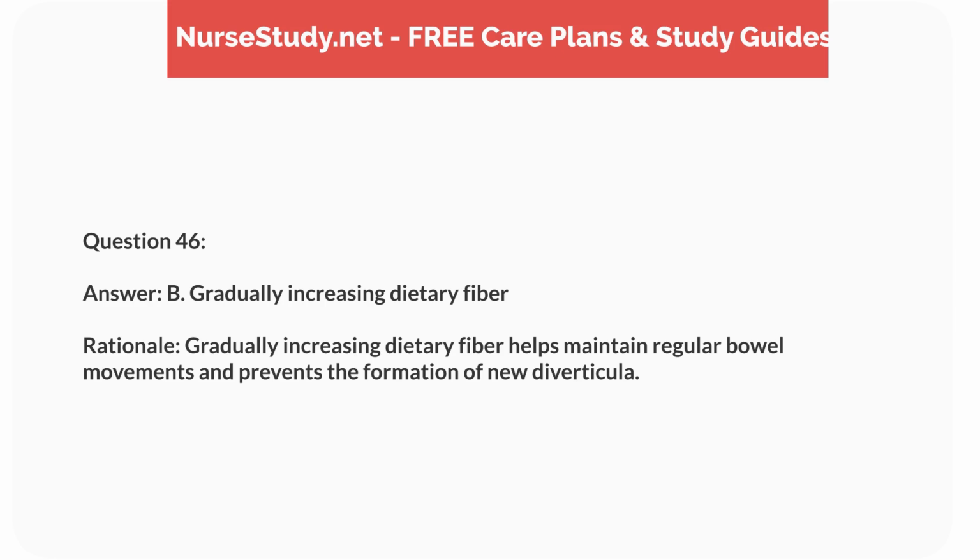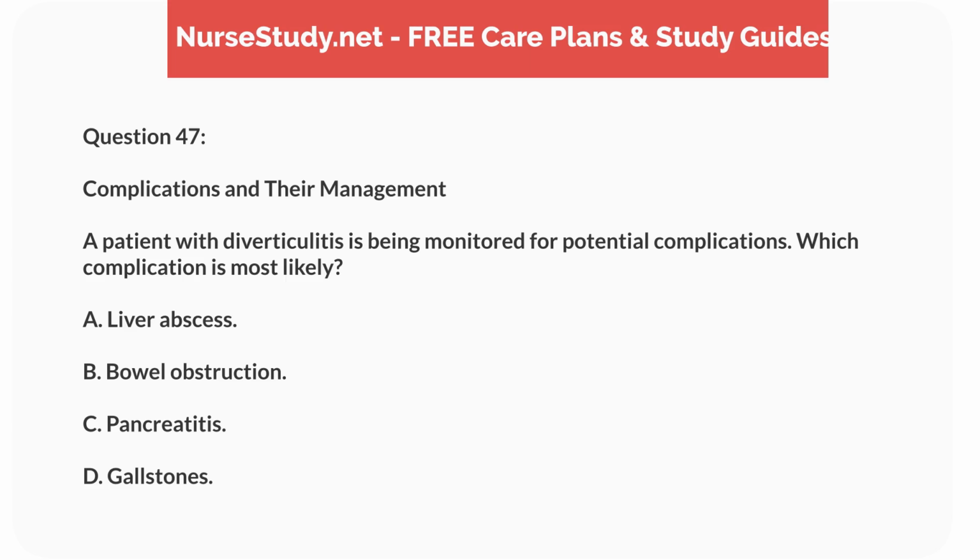Gradually increasing dietary fiber. Rationale: gradually increasing dietary fiber helps maintain regular bowel movements and prevents the formation of new diverticula. Question 47. Complications and their management. A patient with diverticulitis is being monitored for potential complications. Which complication is most likely?